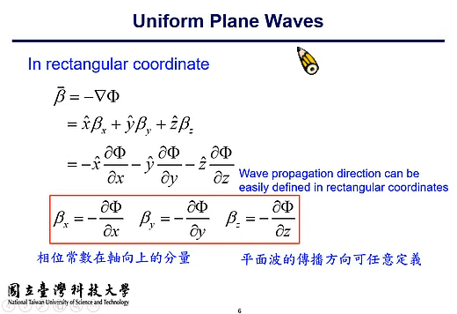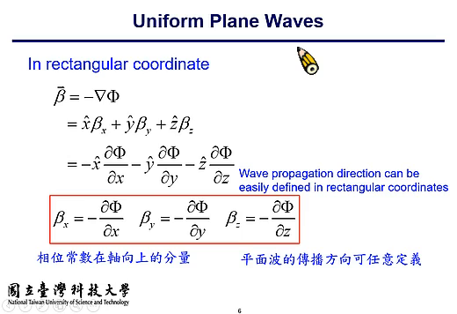They are just the spatial derivative of the phase function phi over x, over y, and over z, all right? And it can be understood that beta x, beta y, and beta z are the projection of the vector phase constant beta on x, y, and z direction.